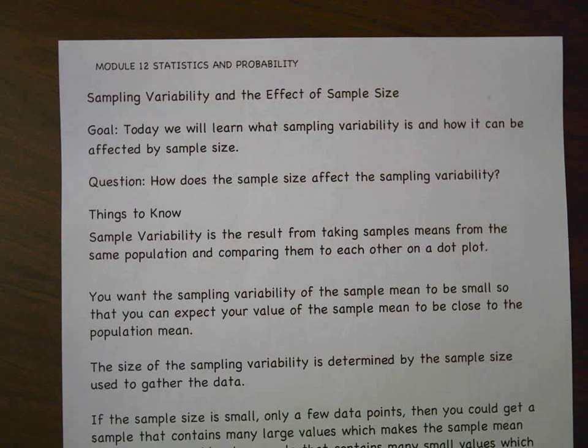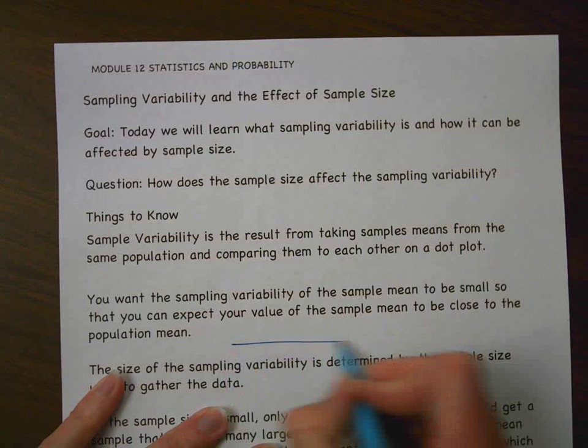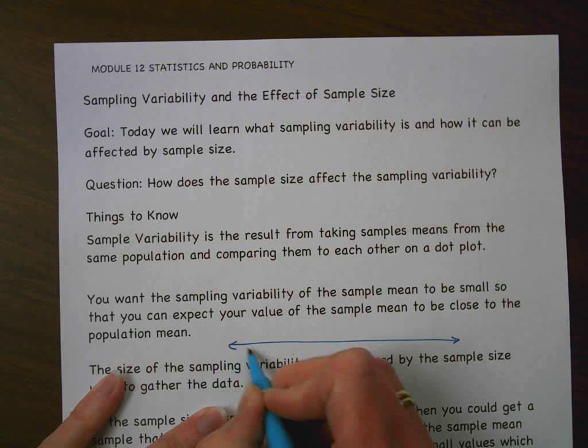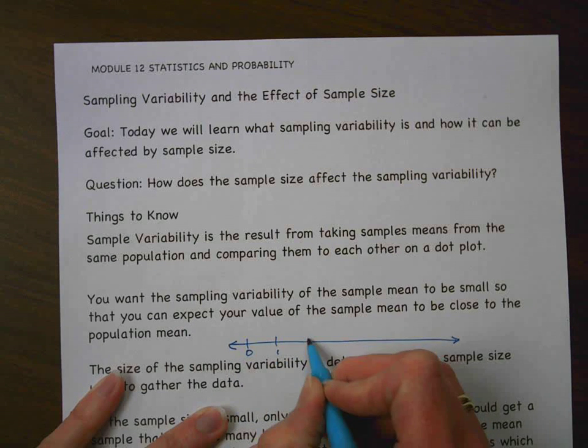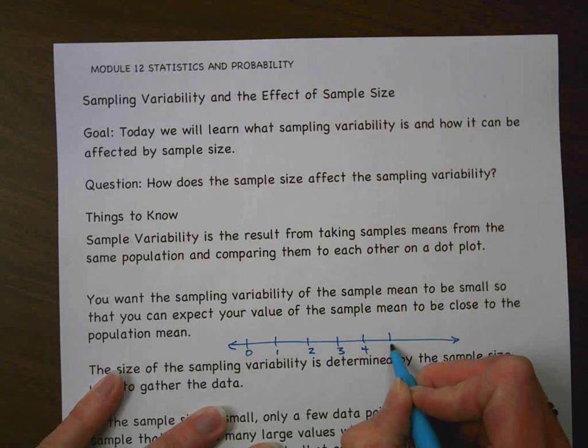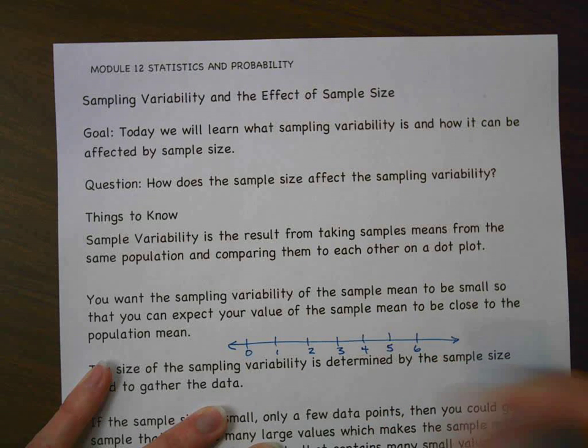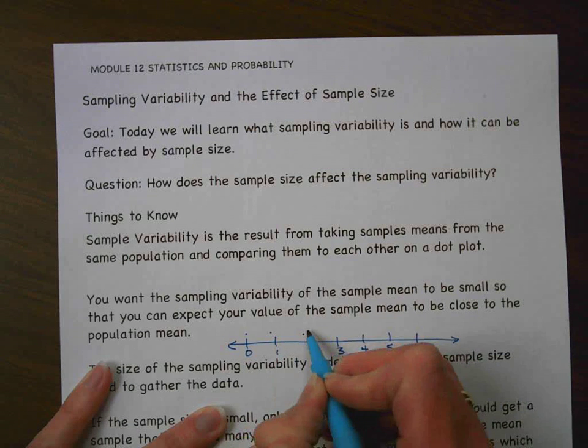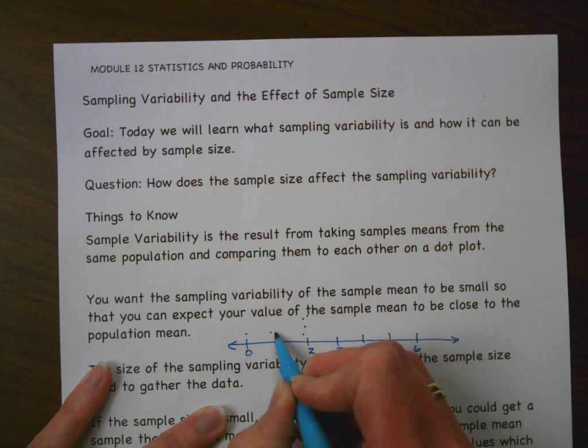So when you're looking at sampling variability, if this was our dot plot right here, it really doesn't matter what the numbers are because I'm just trying to show you a picture. What we would want is for our data points to not be too spread out.